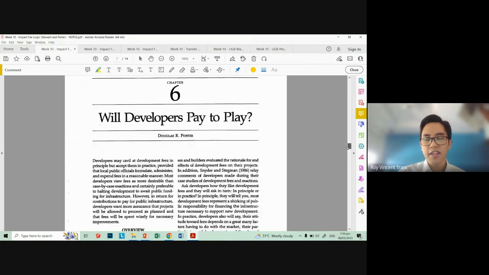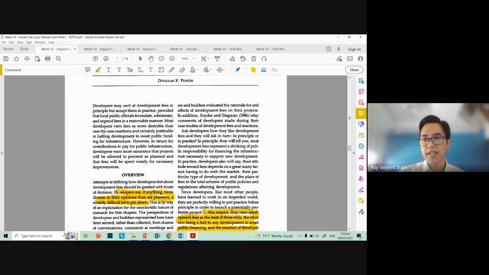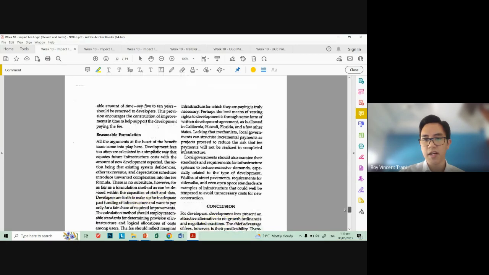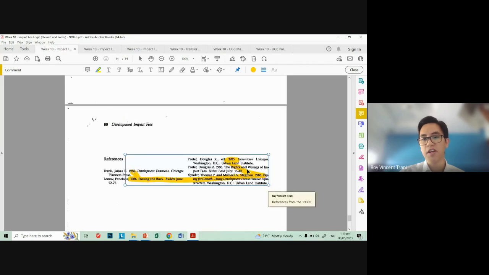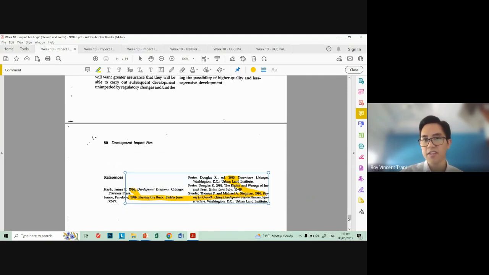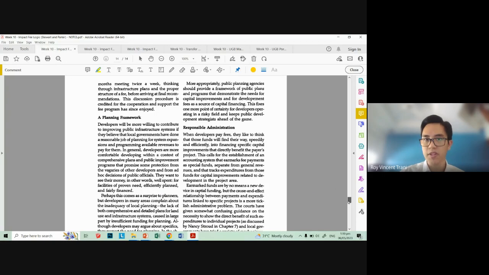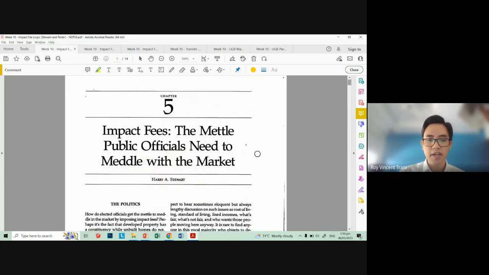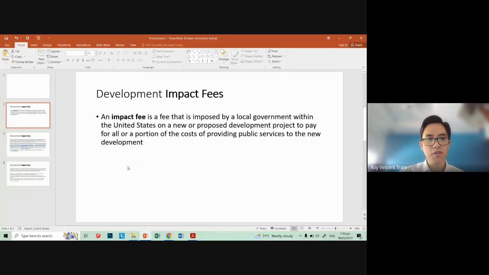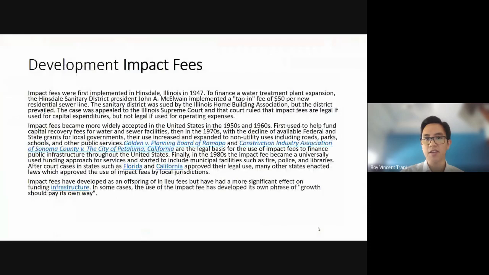The issue with this reference again is that most of its research is based on documents from the late 1980s. It's a bit old, but that's why I took a quick look at the history of impact development fees in the US.